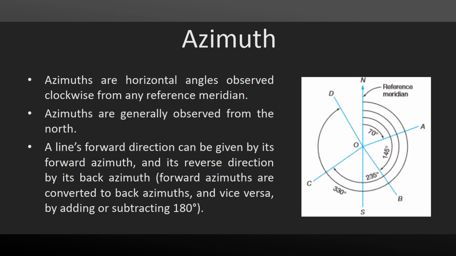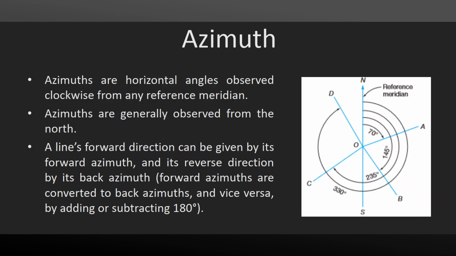For example, if the forward azimuth is 145 degrees, its back azimuth is 325 degrees. So we just add 180 degrees to 145. Conversely, if the forward azimuth is 235 degrees, we subtract 180 degrees, which gives a back azimuth of 55 degrees.